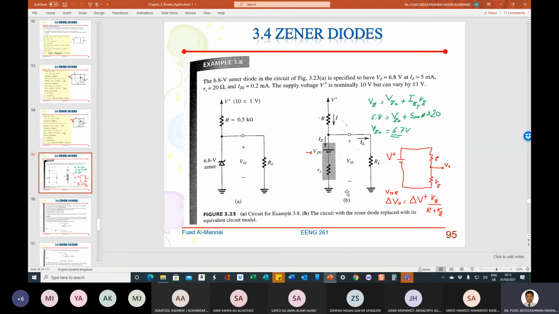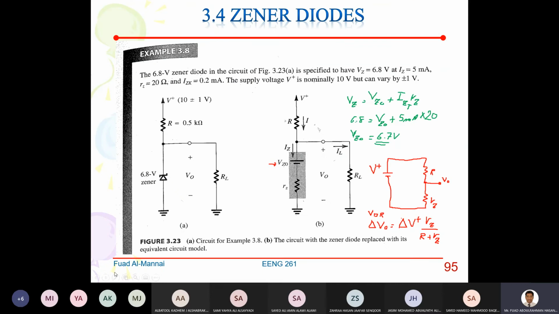Shall I draw it? Maybe I should. This is better. So between here, from here to ground, to here, is called VZ.